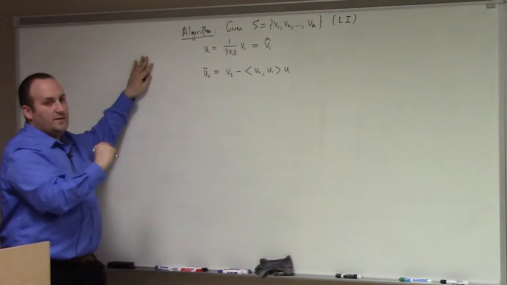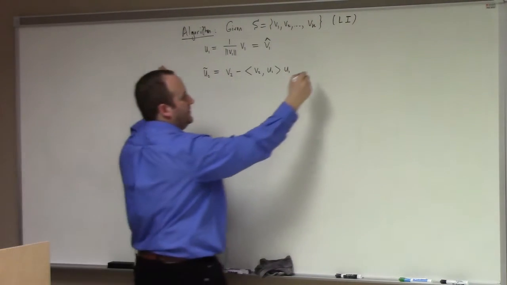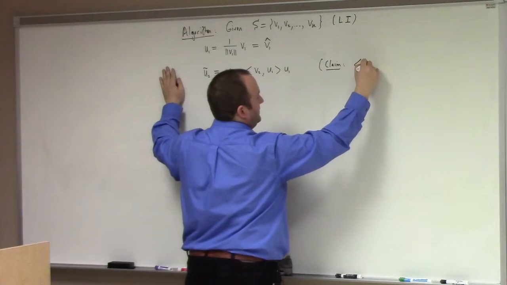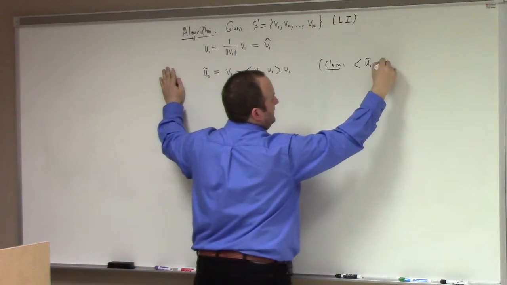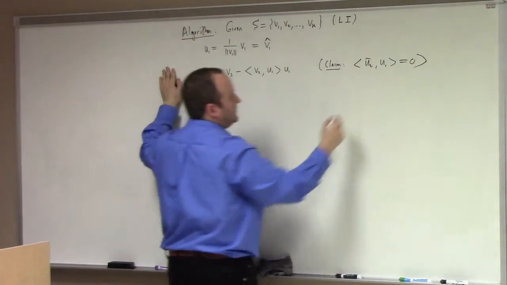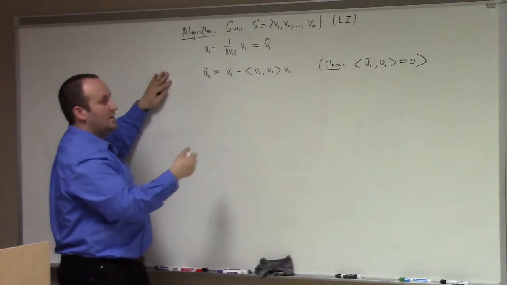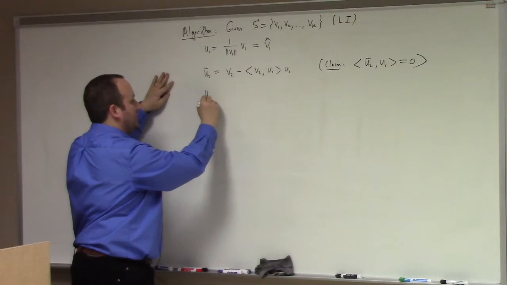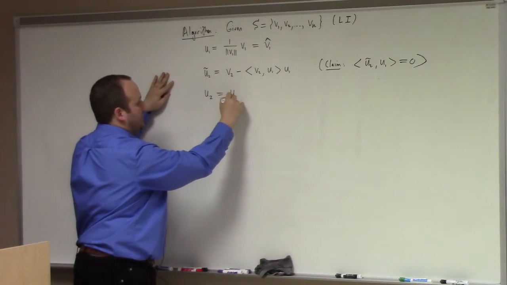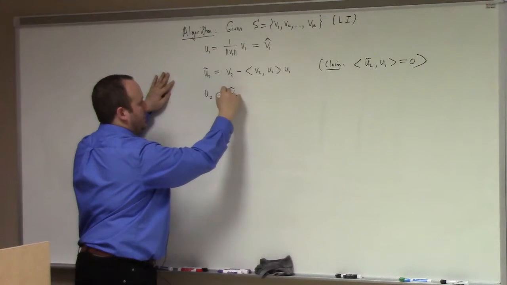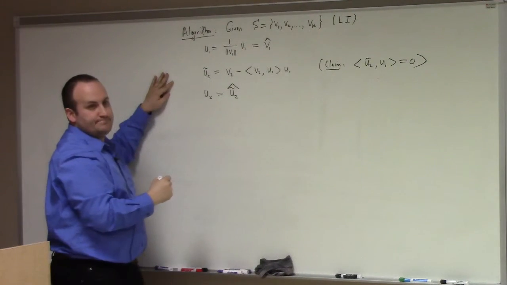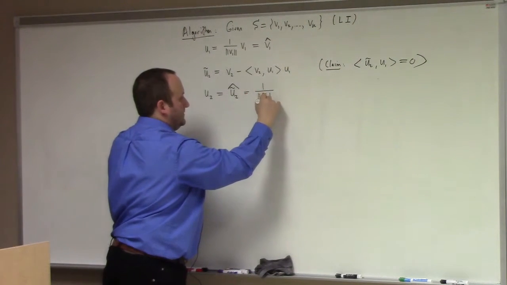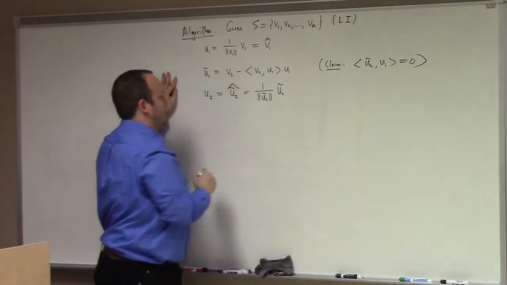You can prove, there's a claim here, it's an easy claim to prove, that u2 tilde with u1 is equal to 0. So it's orthogonal to u1. And then what do you do? Well, you normalize it. u2 is equal to u2 tilde, put a hat on it. To be specific, you take 1 over the length of u2 tilde times u2 tilde.